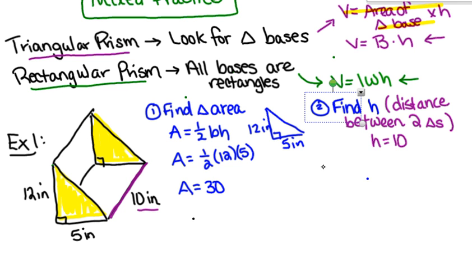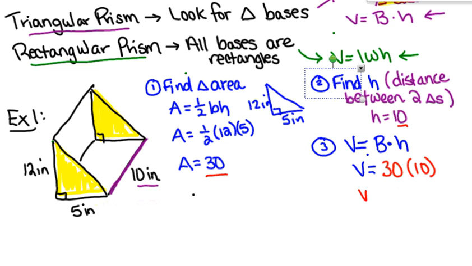And now I can go ahead and substitute into my formula. So volume is equal to area of the base, which is represented by an uppercase B, times the height. Well, we found that our area of the base was 30. We found that our height was 10.